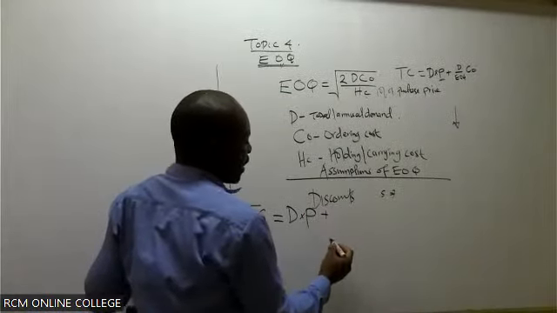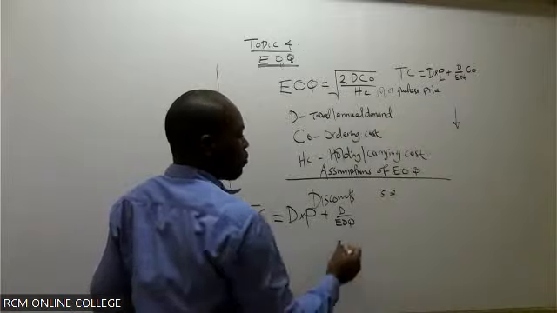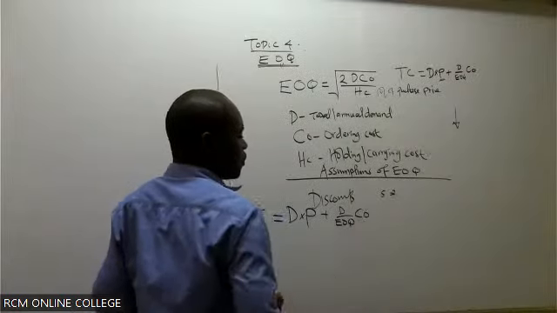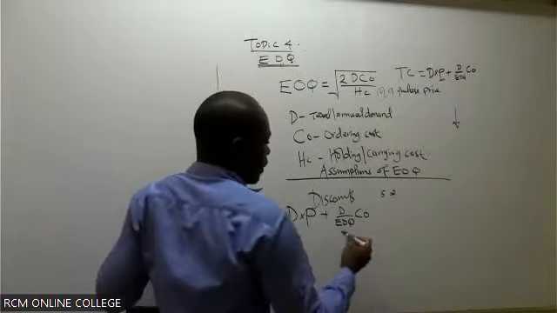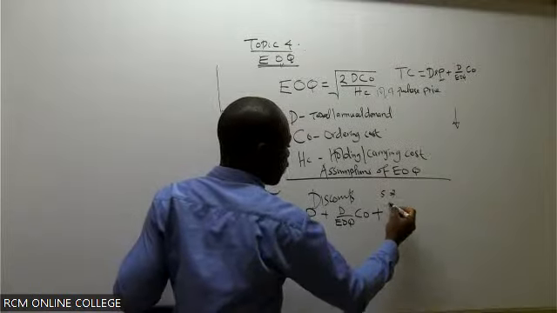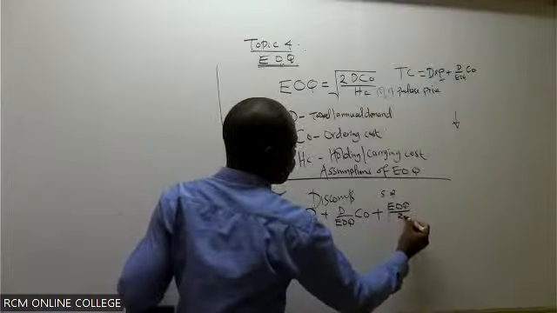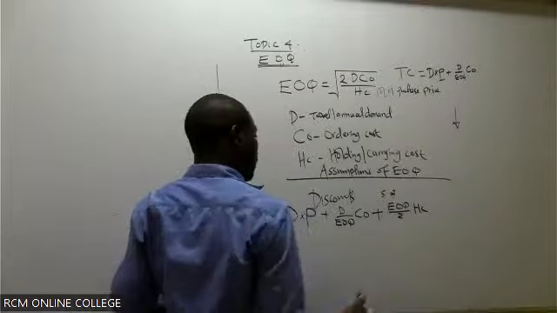Then to that we add demand divided by economic order quantity to give us the number of orders, then we multiply by ordering cost for each order. To that we add economic order quantity divided by 2, then multiplied by holding cost.